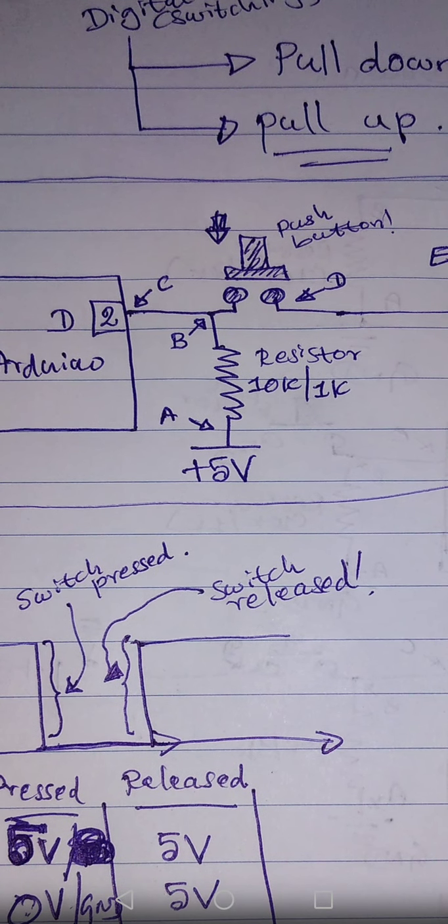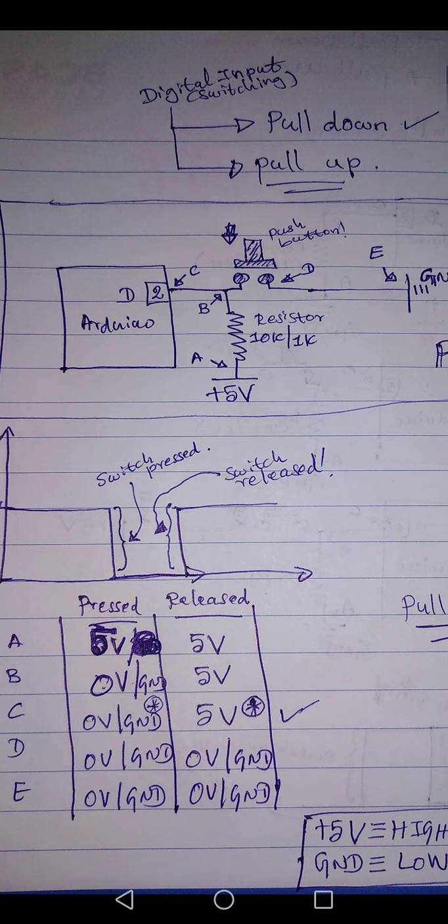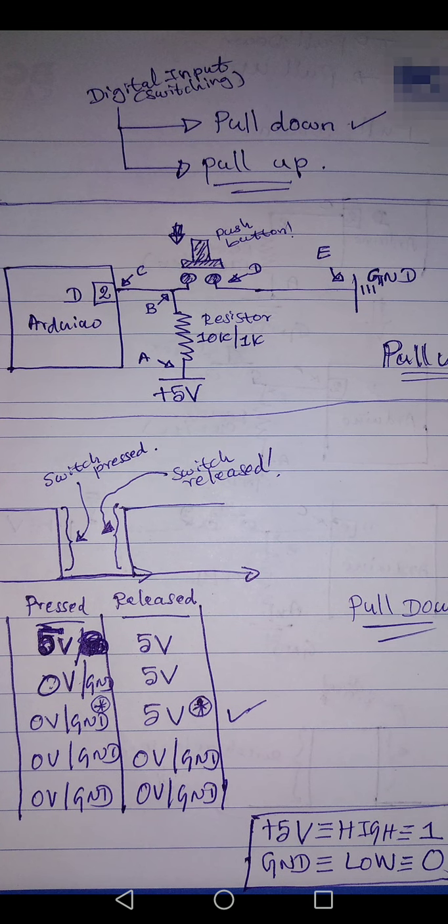C is our input to the Arduino pin, because that is the point where the wire goes into the pin. If you don't press the push button, it is 5 volts. If you press the push button, that input is ground. The point C is ground. So this is a pull-up circuit. By pressing the switch, you are making that particular pin go to ground state, so when the ground comes, we understand that the user is pressing the switch. You get the point.